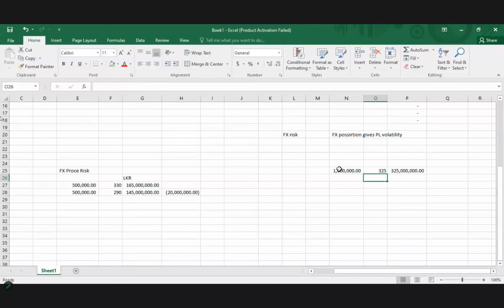Right? I have basically, let's say, sold. This is a sell. $1 million at 325. Now, I have created a negative position here because it's a sell. For me to basically be squared, I need to buy back that $1 million.